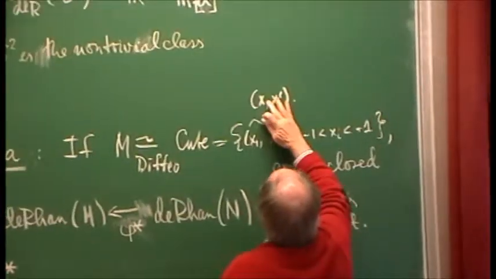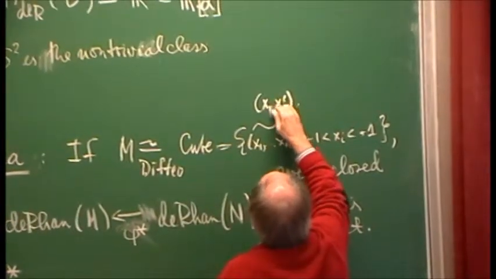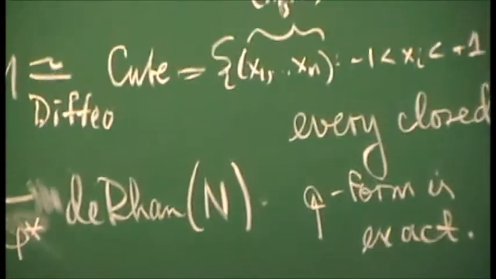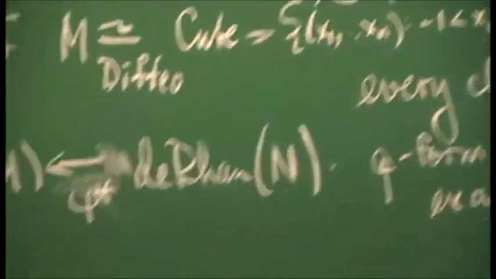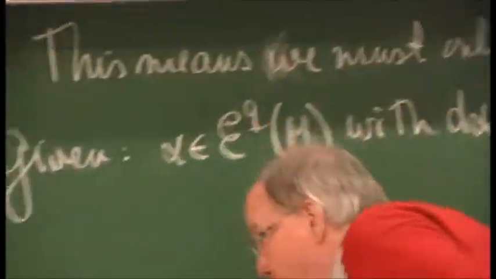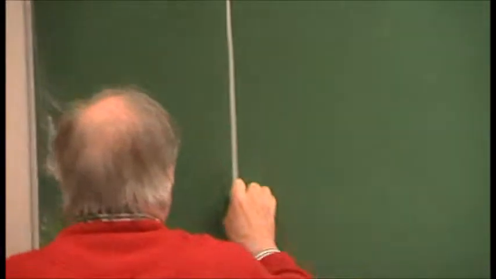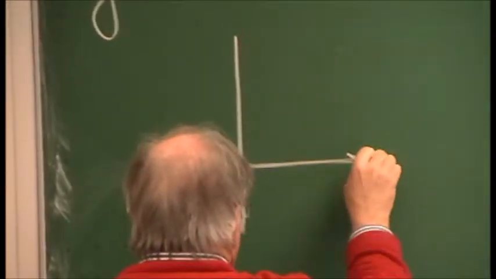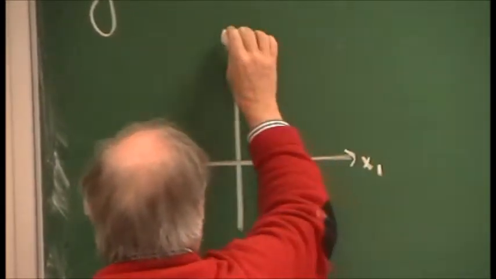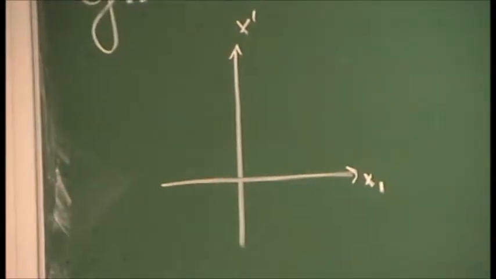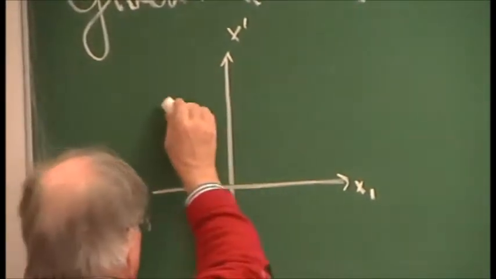So in my picture, I'm always going to draw something like this. Here's the x1 axis, and here are the remaining variables. And somehow here is a cube.